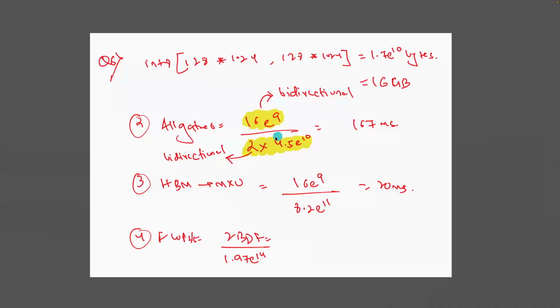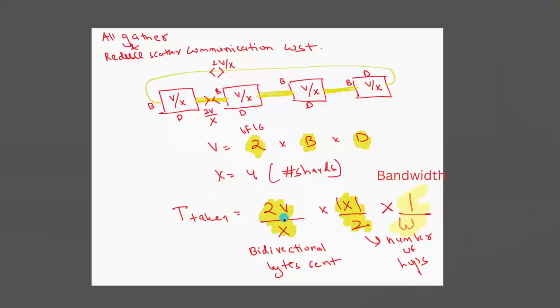And we just learned that in all gather the time taken is V by W. In the spec sheet they generally just mention the bandwidth to go from here to here, but as all our devices are bidirectional, your bandwidth is basically doubled.